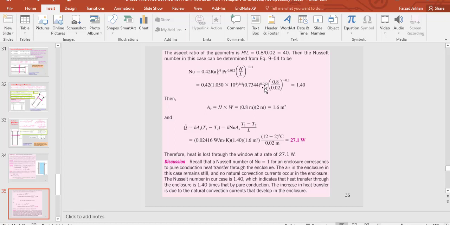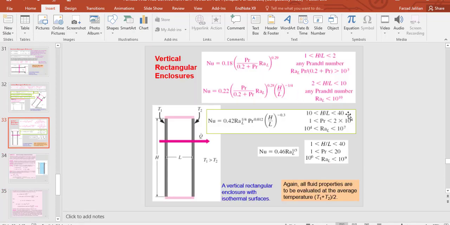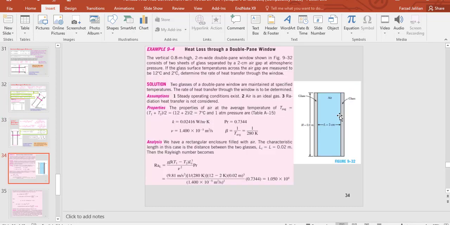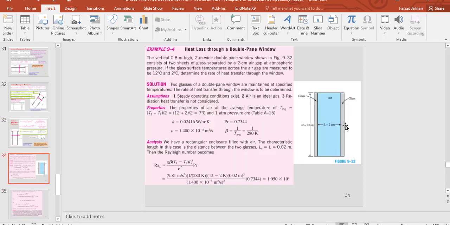We have the Prandtl number and the Nusselt number. Let's see which equation we should use when the aspect ratio is 40. Okay, you can see here, this one cannot be used, this one cannot be used. We should use this equation when the aspect ratio is between 10 and 40, which is 40 here, when the Prandtl number is between 1 and 2 times 10 to the power 4.